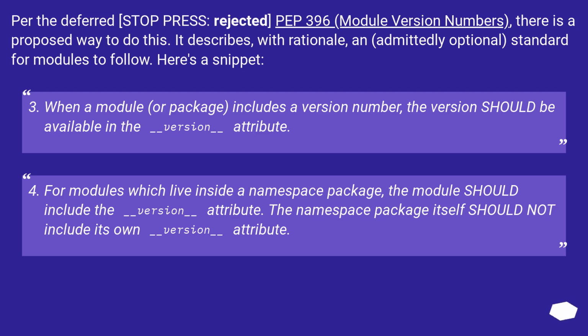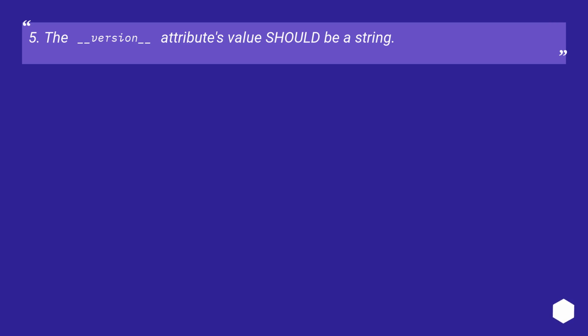For modules which live inside a namespace package, the module should include the __version__ attribute. The namespace package itself should not include its own __version__ attribute. The __version__ attribute's value should be a string.